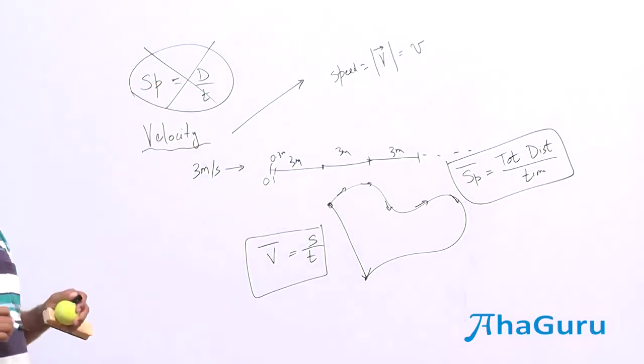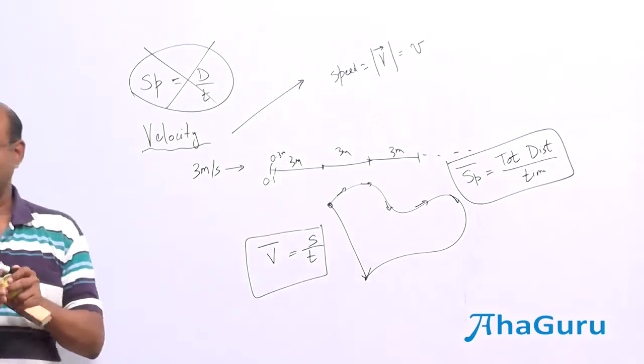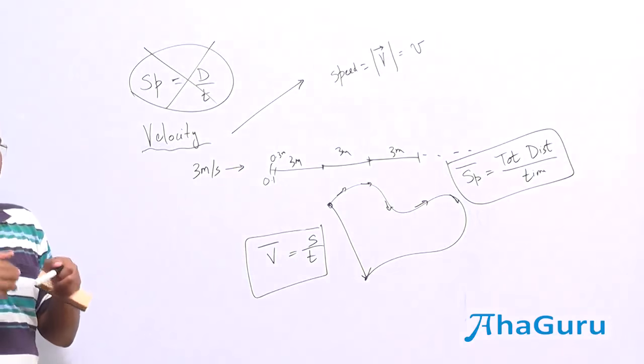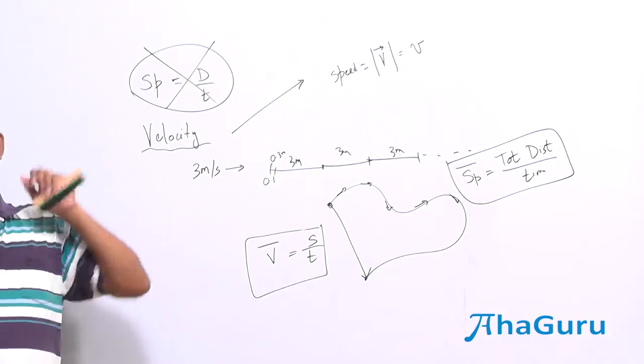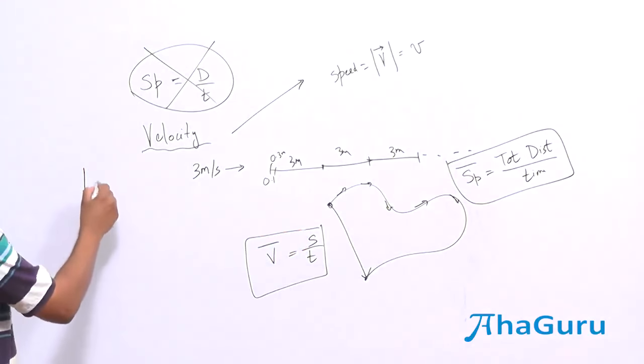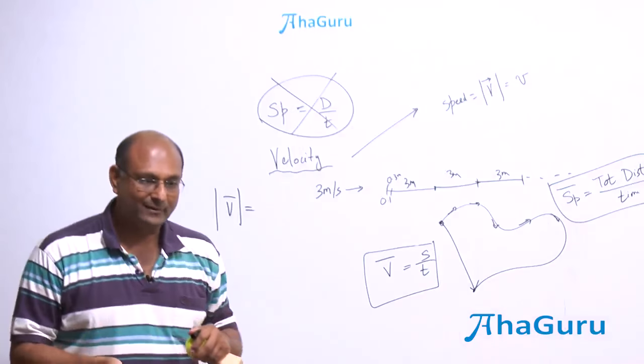Average speed is distance by time. But we said if you take the velocity, which is what is real, because at some point if I throw it, it has a velocity. Now if you take the velocity and its magnitude, what was it? Speed. What do you think will happen if you took the magnitude of average velocity? What will you get? Will you get speed or will you get average speed?